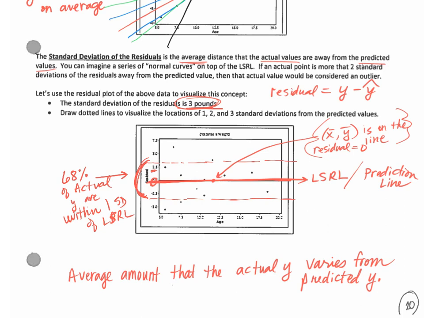Okay? And so then you're going to see this pattern. If I was to go out 2 standard deviations, that's 6 pounds. So if I was to come out here, that's 5. So here's 6. And here's 6.